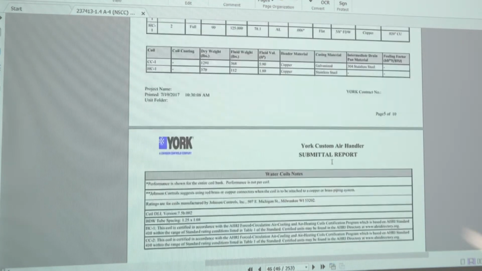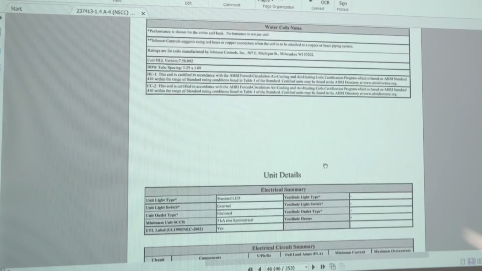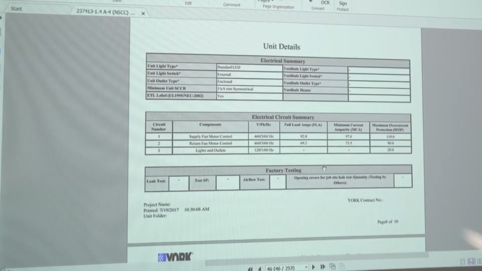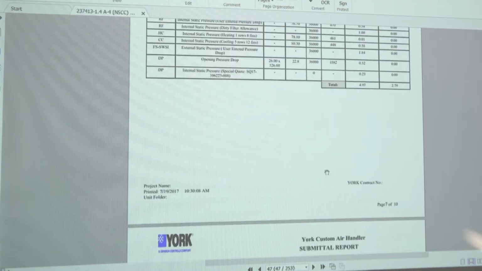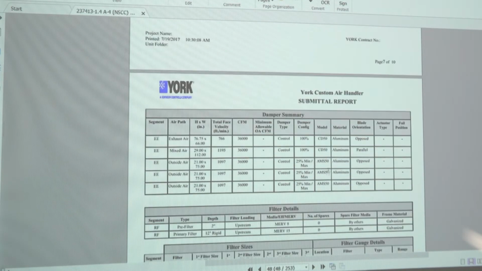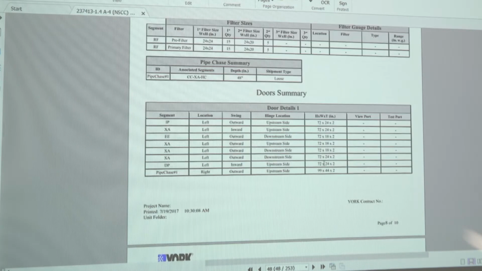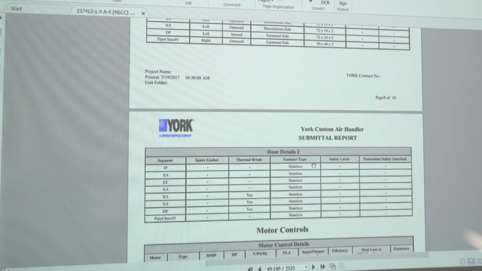All the same information is provided for each one of these units within this data. This package contains everything you need to know related to the design of these units.